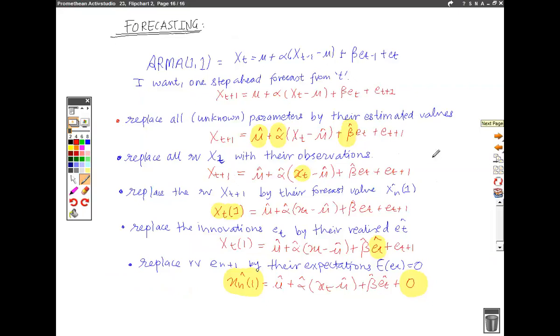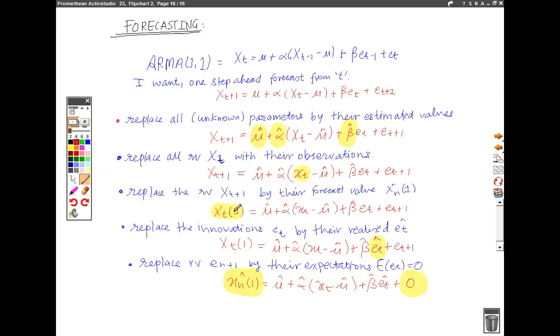And next up, we looked at the forecasting part of it. How do we write it in terms of the hats and all this sort of stuff. The very first step is to replace all the unknown parameters, which are mu, alpha, and beta in the ARIMA(1,1,1) case that we are looking at now, with the hats. Then you replace all the known values, which are the observed values of xt, with their realizations.